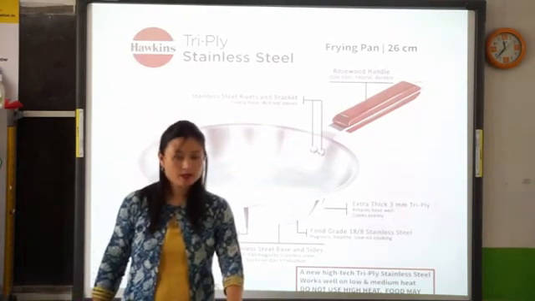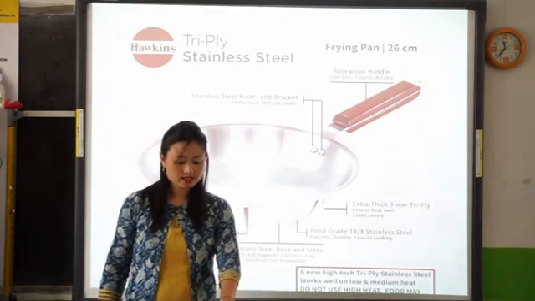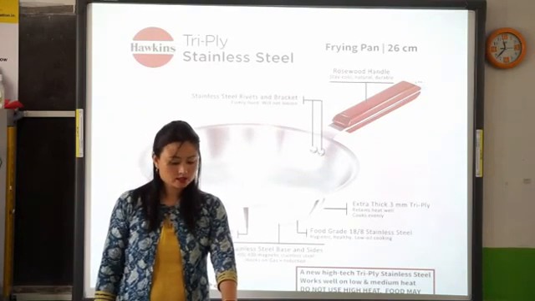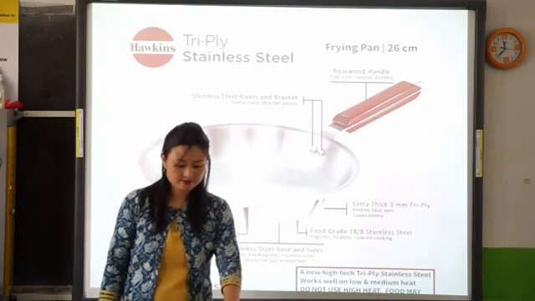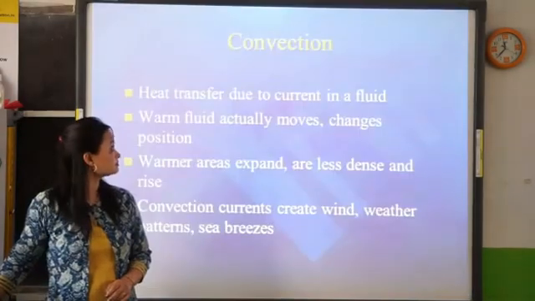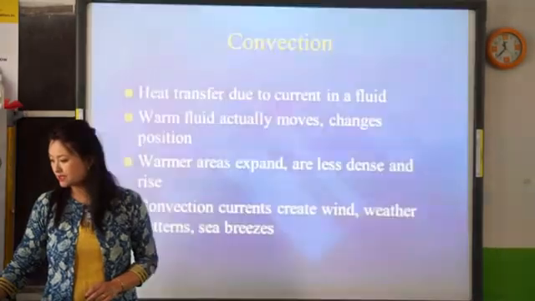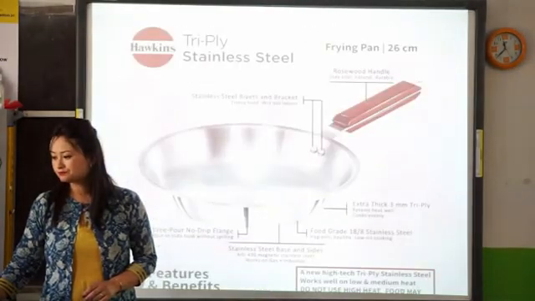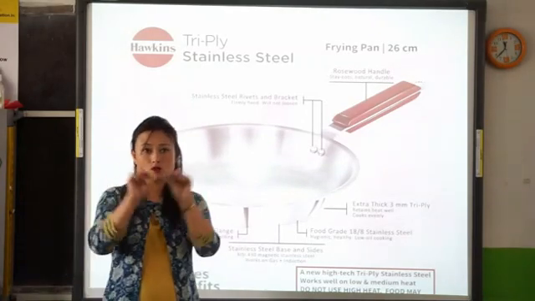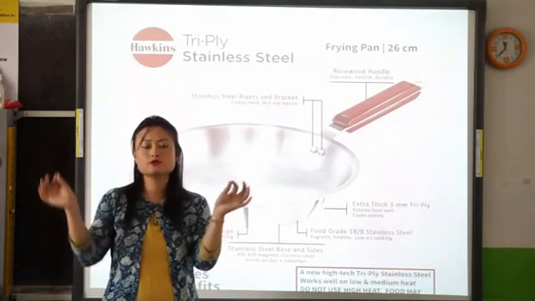Another one: quilts, blankets and woolen clothes keep us warm in winter because they trap air between our body and themselves. When you take out a strand of wool, what will you see?